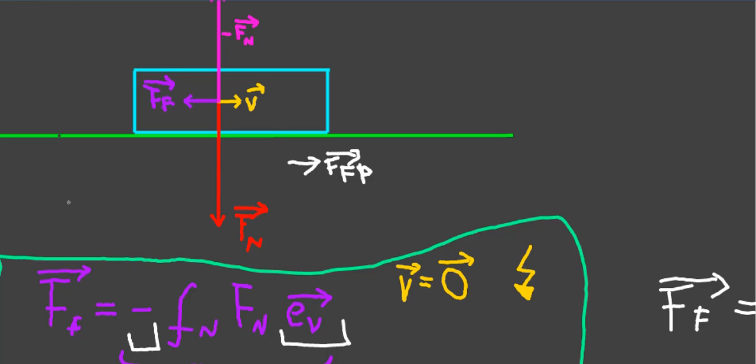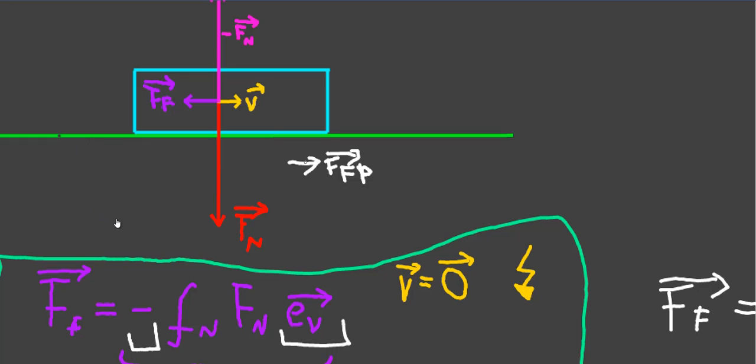But until then, it's always pulling with the same force. So if we have a velocity of 10 trillion billion quadrillion, we have the same force of friction as if we had a velocity of 0.00001. The velocity does not matter at all.